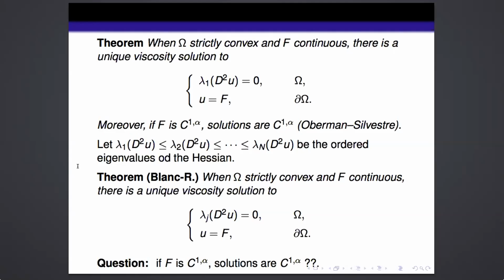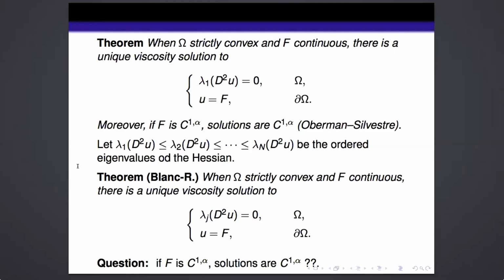Then for a strictly convex domain, and f continuous, there is also a unique viscosity solution, and the condition on omega could be relaxed, but I will stick to strictly convex domain, not to enter into too many details.